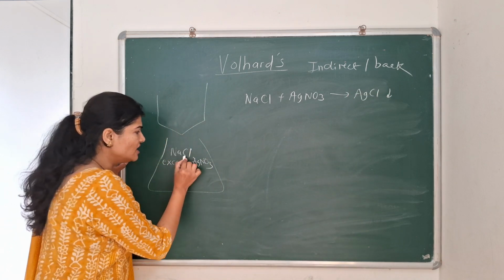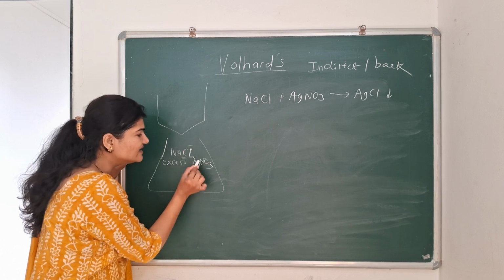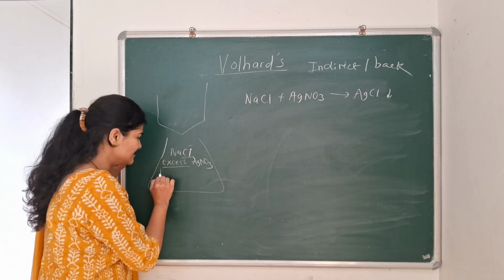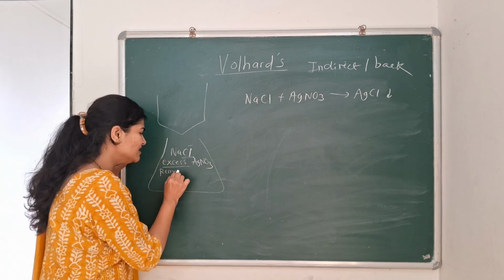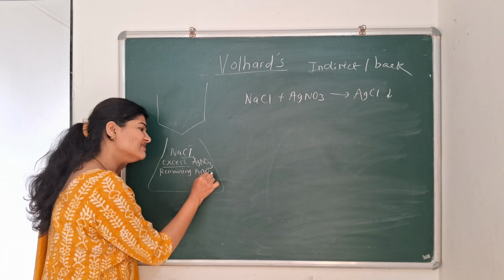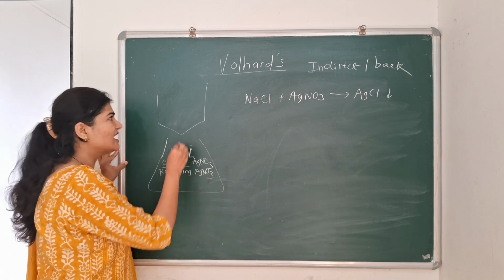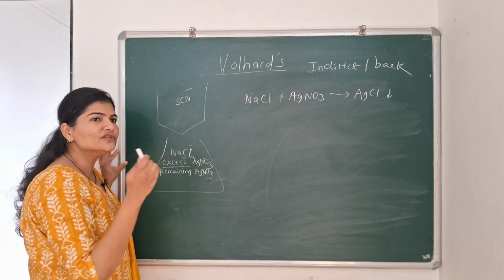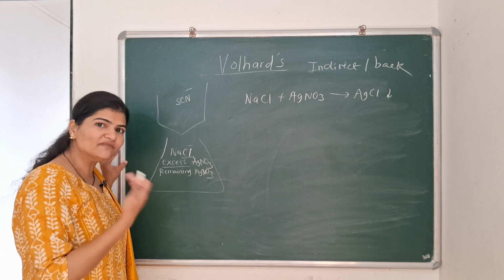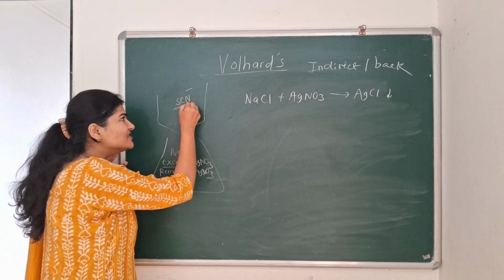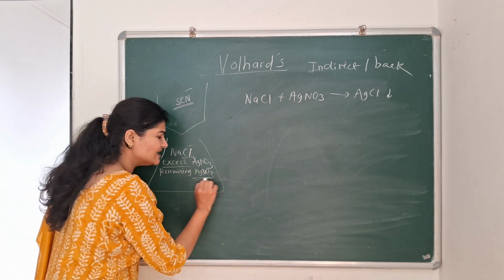Now once all the chloride ions are reacted with AgNO3, as the silver nitrate is in excess, some amount will be remaining in the conical flask. This remaining silver nitrate we are going to titrate using thiocyanate ions. So either use potassium thiocyanate or ammonium thiocyanate solution as your titrant, and this will react with remaining AgNO3.